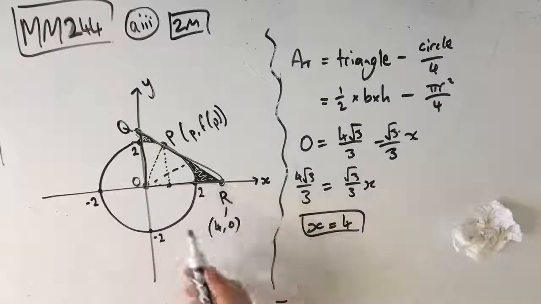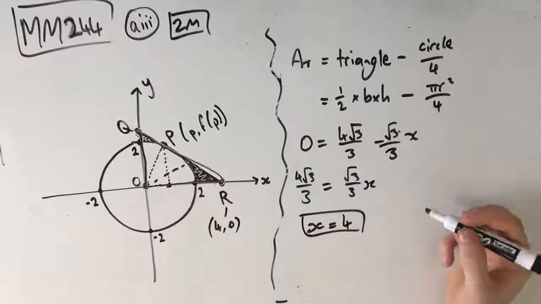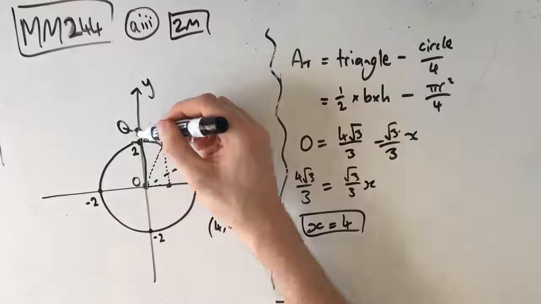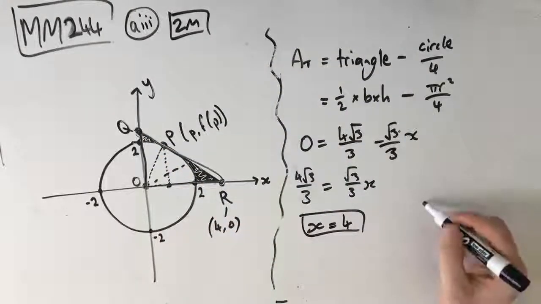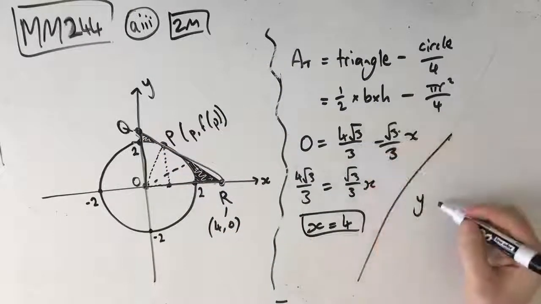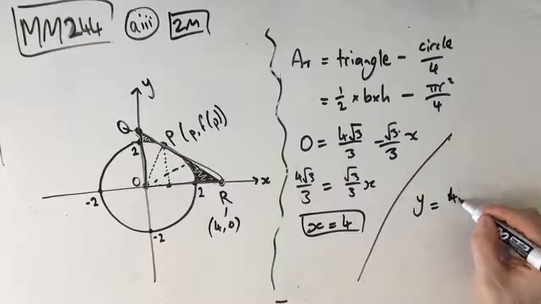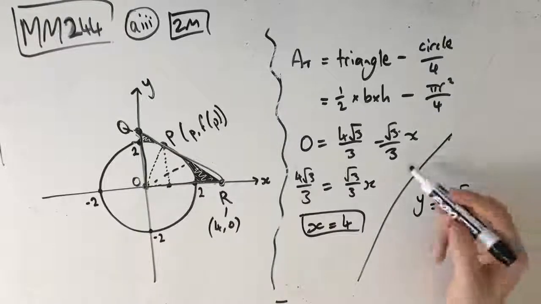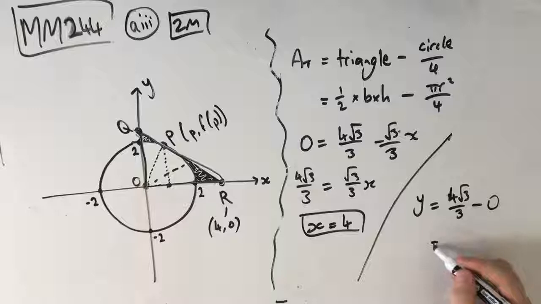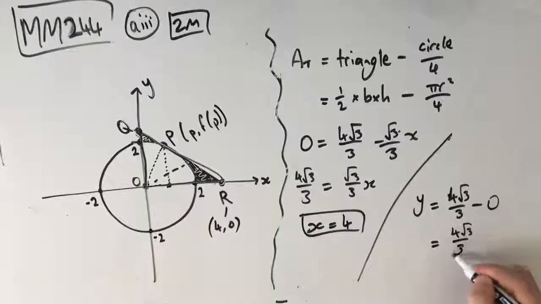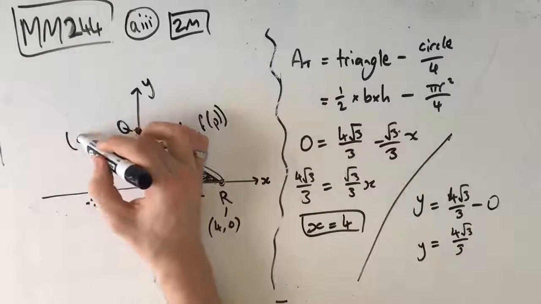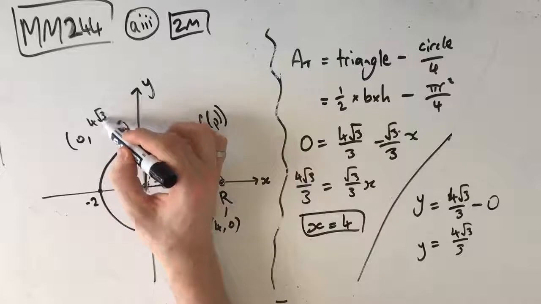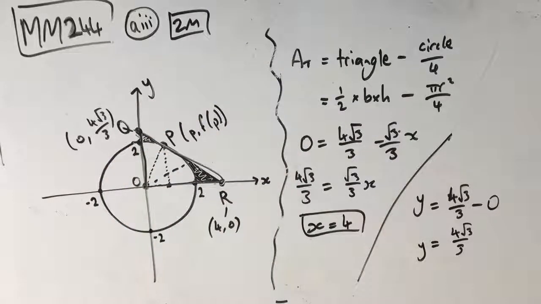Alright, so this point here is 4, 0. Sweet, so we know that our base is 4 units long, and in order to find our q value, or our y-intercept, we let x equal 0. Right, so y, just using this formula again, y equals 4 root 3 over 3 minus, this time 0 is just 0, so y equals 4 root 3 over 3. So this section here is 0, 4 root 3 over 3. Fantastic. So now for our area.